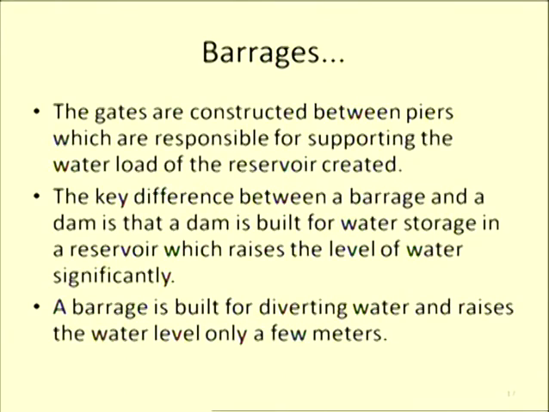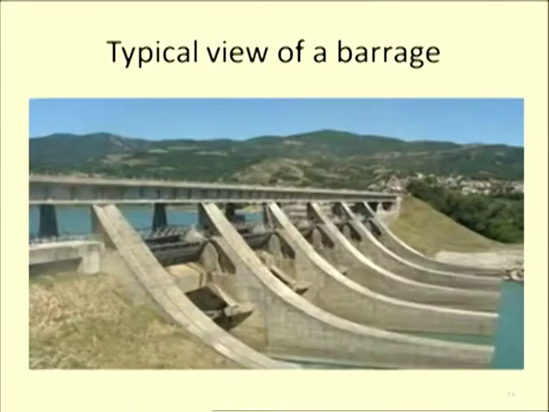A few salient features about barrages. Let's look at these points. The gates are constructed between piers. I have already spoken about piers, but I will show you where the piers are and what the abutment is.